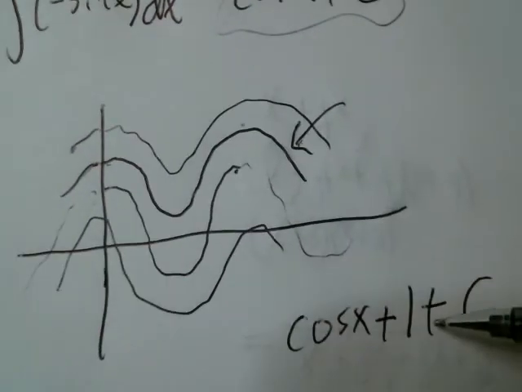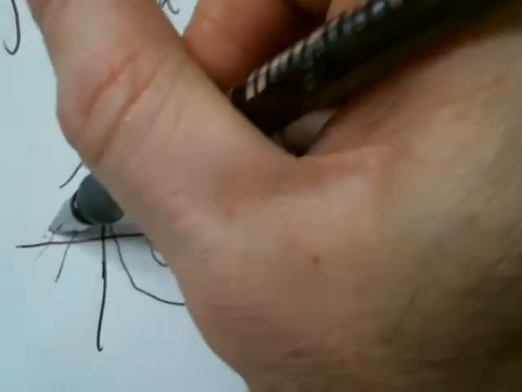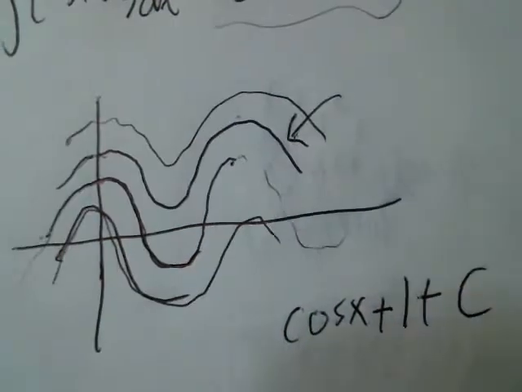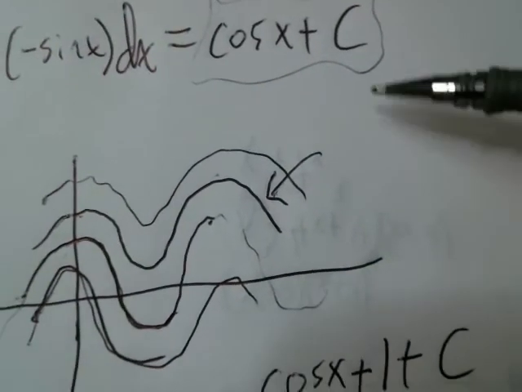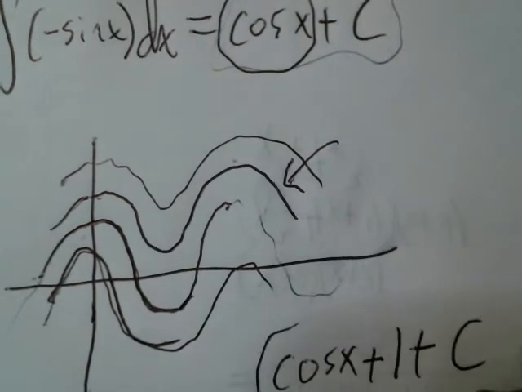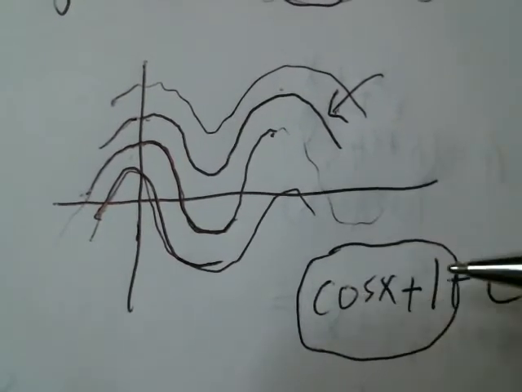This just means that the sort of generator graph is right here as opposed to right here. But in either case, the generator of the big picture has the same shape. It's just positioned in a different place.